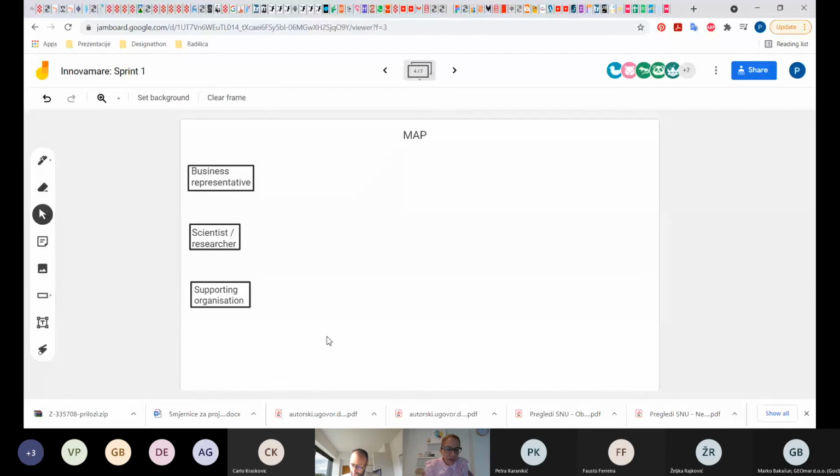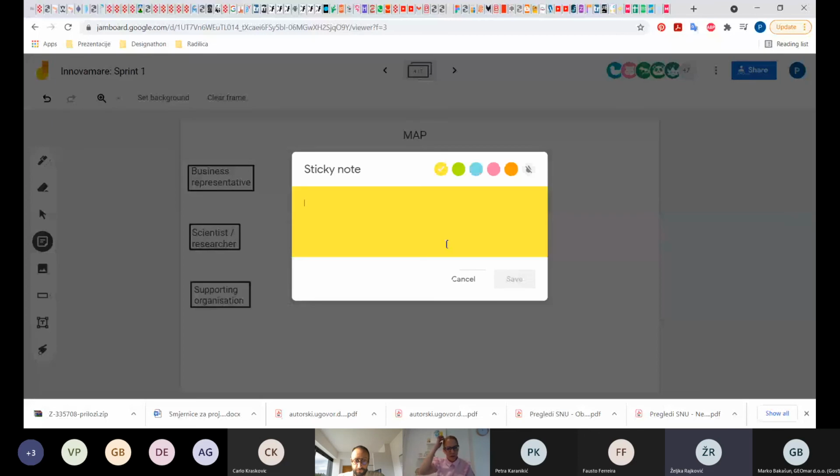And for a supporting organization, it's support provided, or matching a business representative with a scientist or researcher. That could be also where we match them. So business and actors matched. That's it.